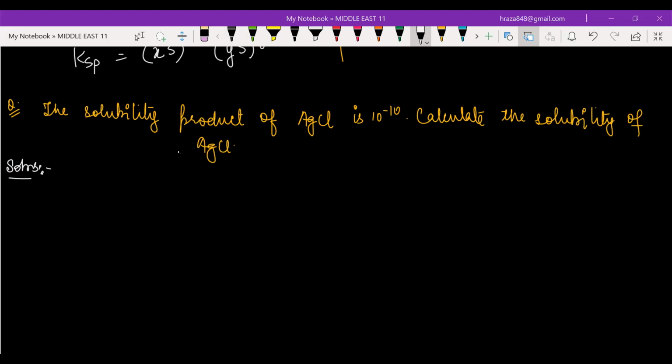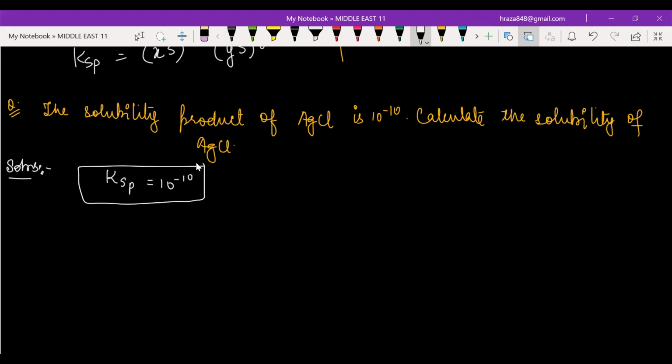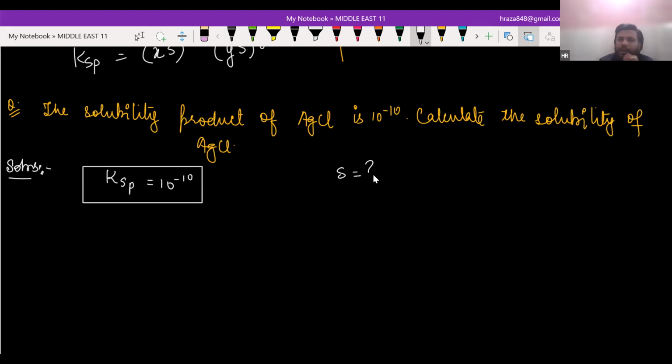Okay. So here in the question, it's given that the solubility product has a value equal to 10 raised to the power minus 10, right, Krishna? Yes, sir. Now, we need to calculate the solubility of AgCl. So I'm going to write the equation: AgCl equals Ag plus and Cl minus, right?